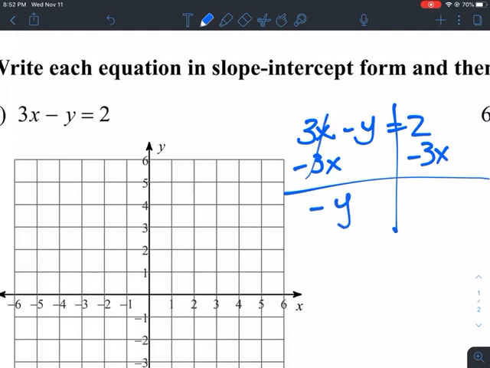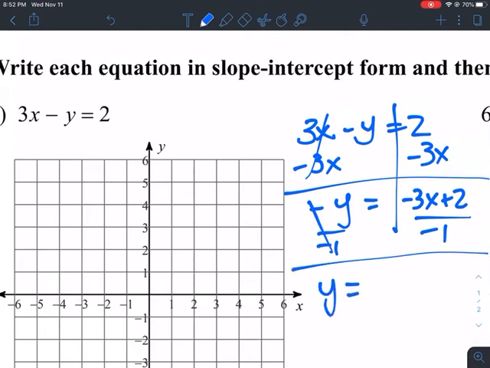So I get negative y equals negative 3x plus 2, because remember, those don't actually go together, because one has an x and one doesn't. Now, there's not actually a number in front of y, but there's a negative. And slope-intercept form is not negative y equals mx plus b, it's y equals mx plus b. So I still have to divide both sides by negative 1 to make that go away. So I'll get y equals, and then negative 3 divided by negative 1 is just 3. And 2 divided by negative 1 is negative 2.